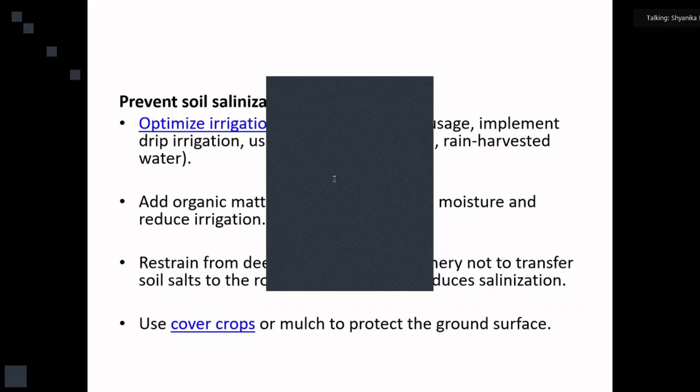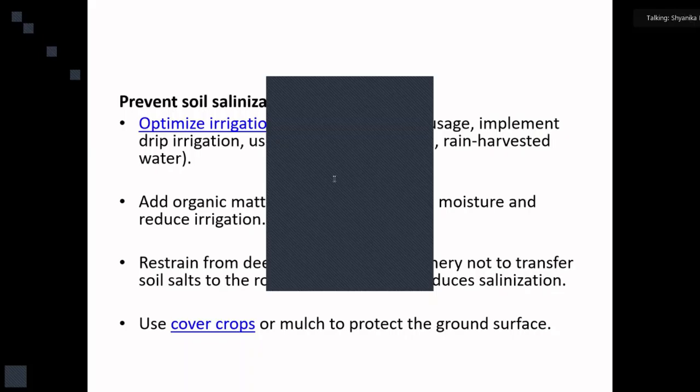When evaporation increases, what happens? The salt accumulates on the topsoil as a layer. We can see a kind of white crust on the topsoil, right? In very dry areas, like the Kalpitiya and Puttalam area, this is a very common problem.